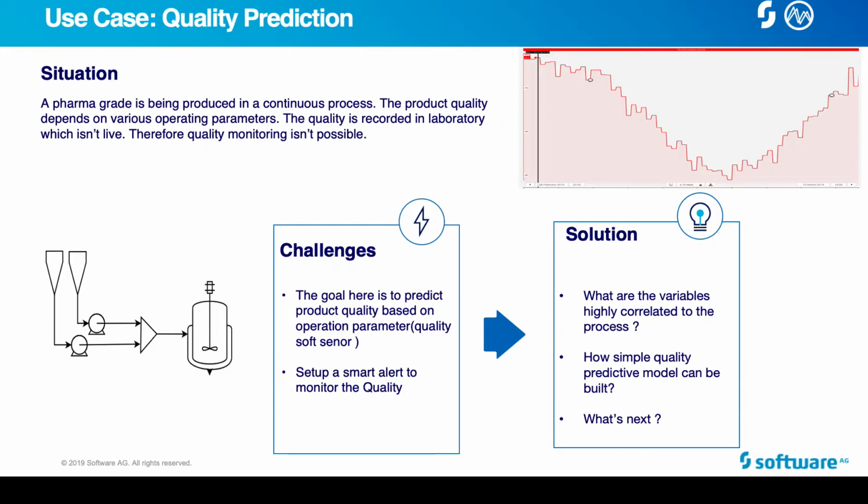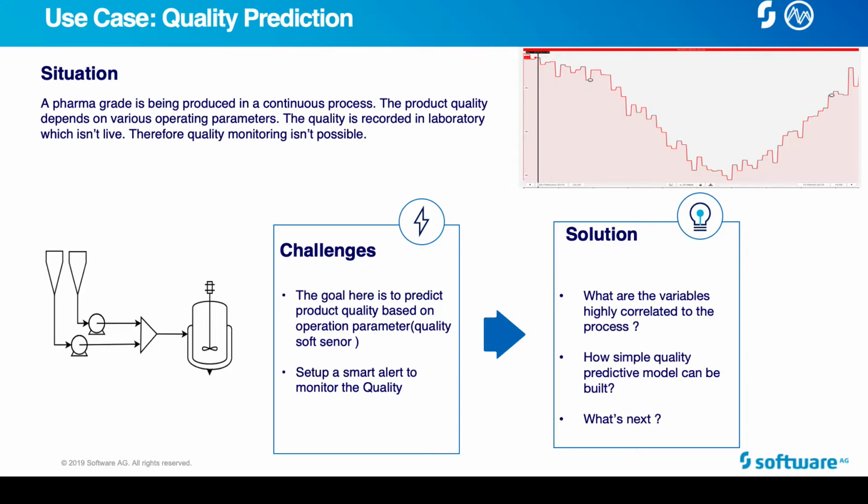So these are some challenges here: to predict the quality in advance and set up some kind of alert so that the team gets alerted when suboptimal product is about to be produced. The first one is to find out the right correlations, and then maybe we can set up some kind of quality alert to monitor the process.